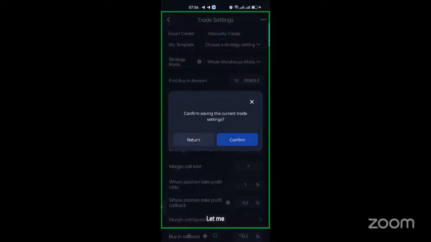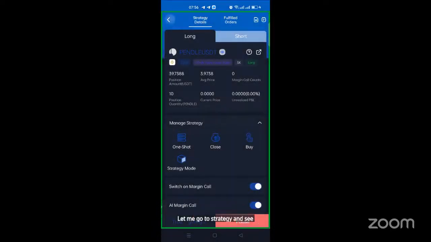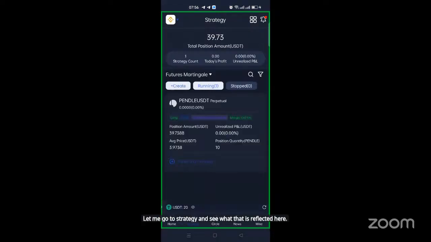Let me go to strategy and see whether it's reflected there. I've told you it works. Okay, it's there. Thank you, sir. But this might cause you floating loss. What do I need to do? Close the trade. Find a better trade.